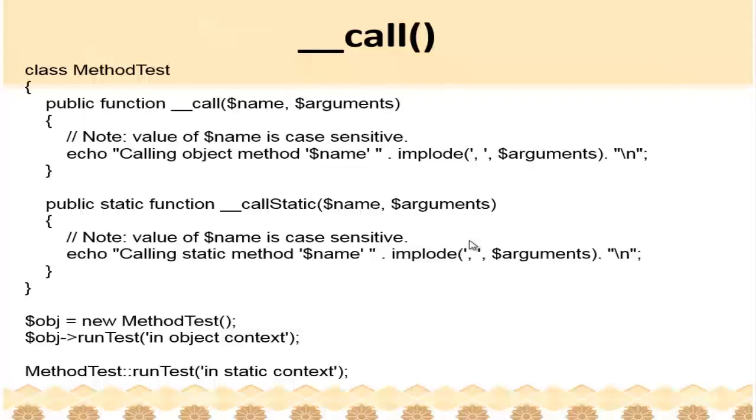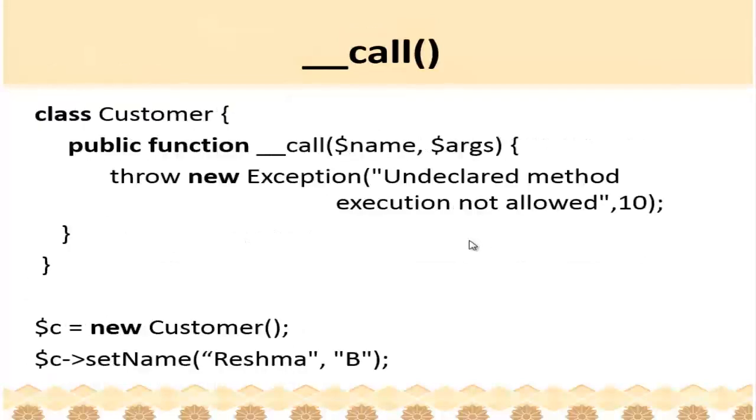That's the main use of the __call method. You can add additional methods, or you can add a static method to your class. So this is how the class behaves differently in different scenarios, and this is the main reason we use polymorphism.